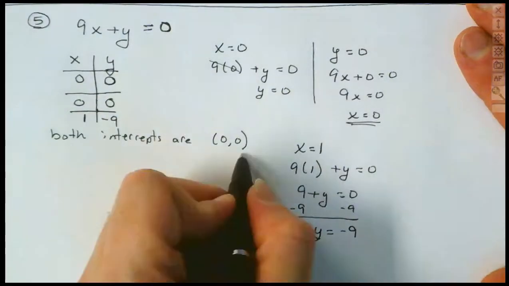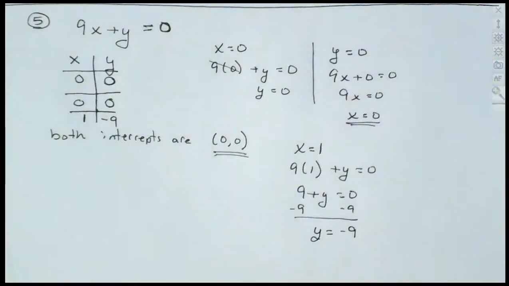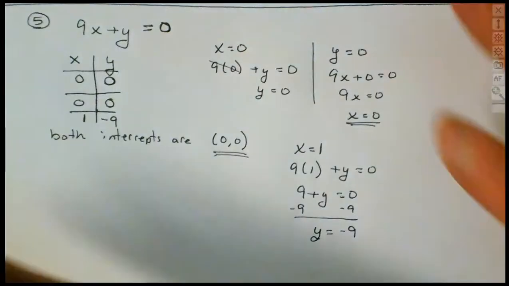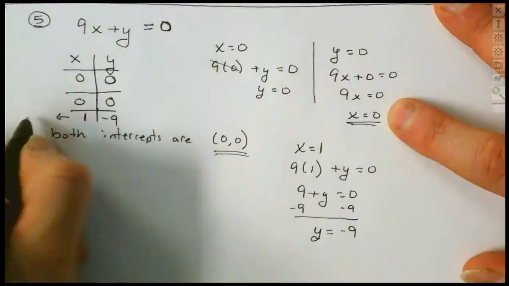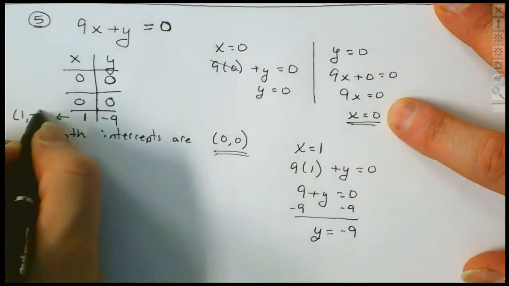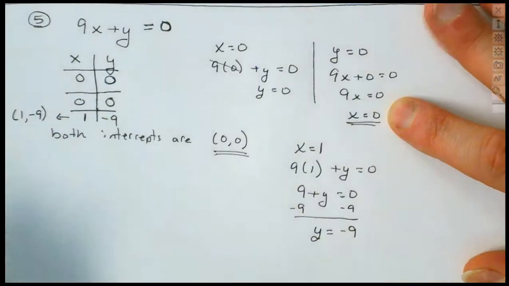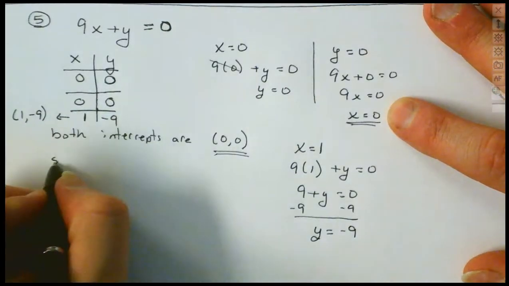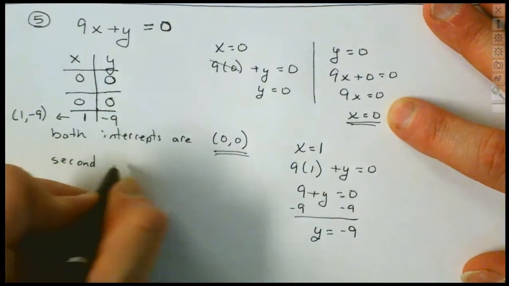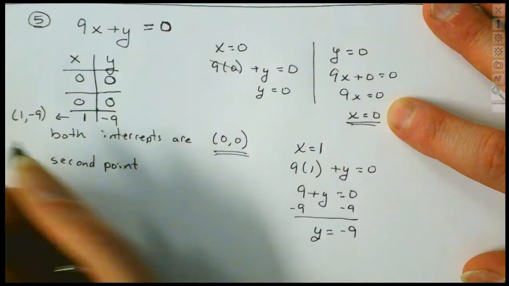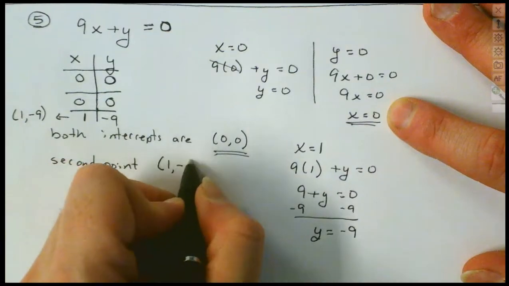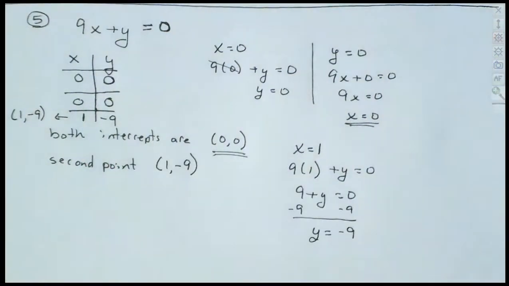So we've got the first point, which is 0, 0, and our second point, which is 1, negative 9. Okay, now we can graph this because we have two unique points.